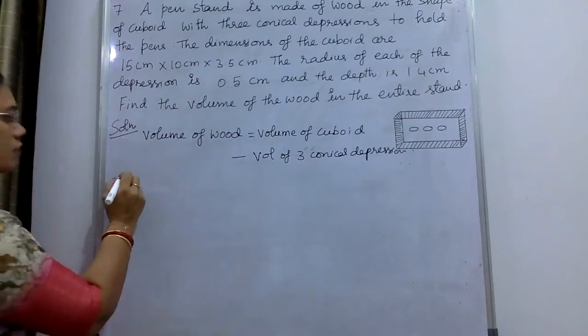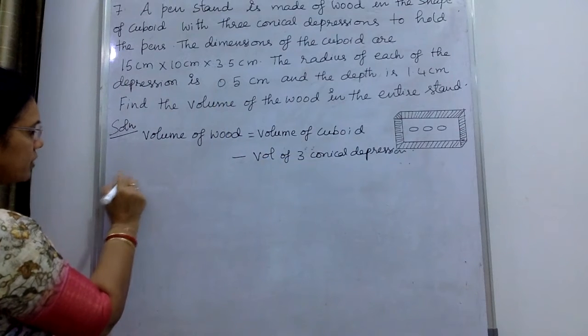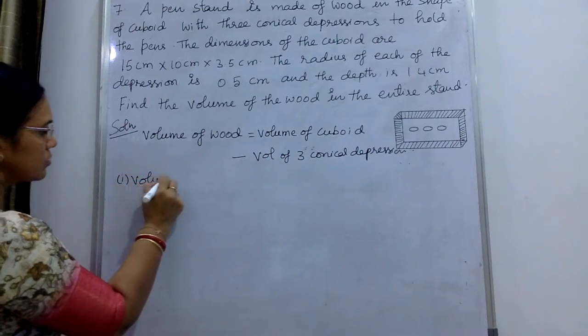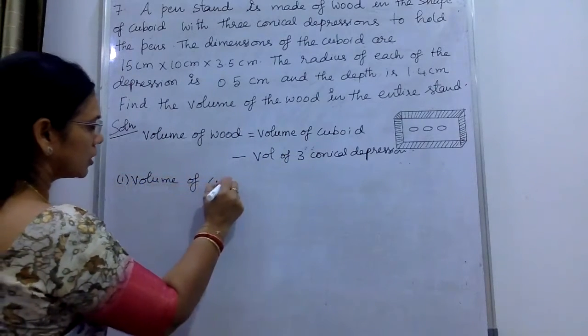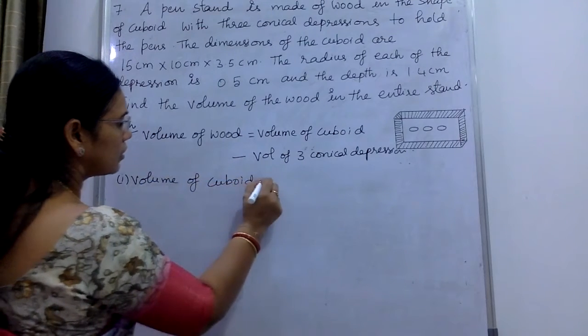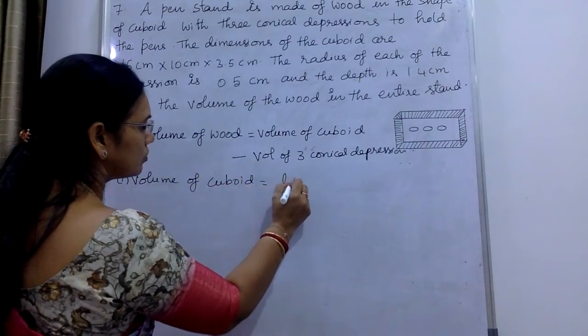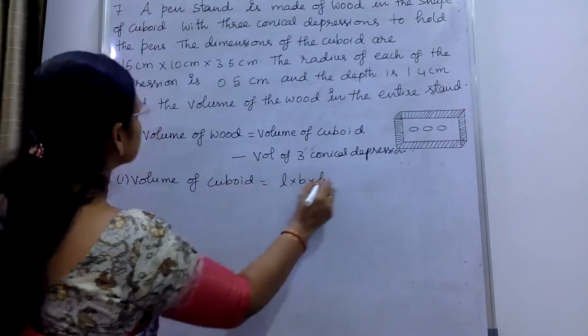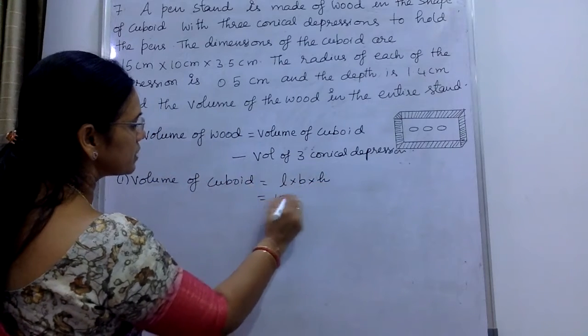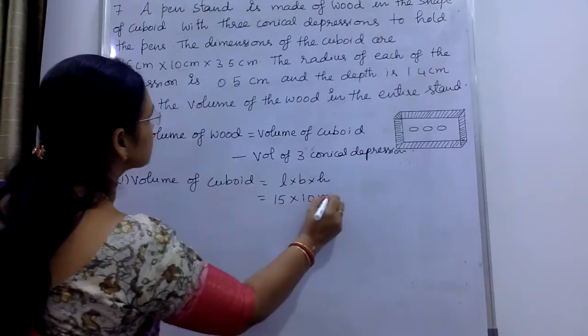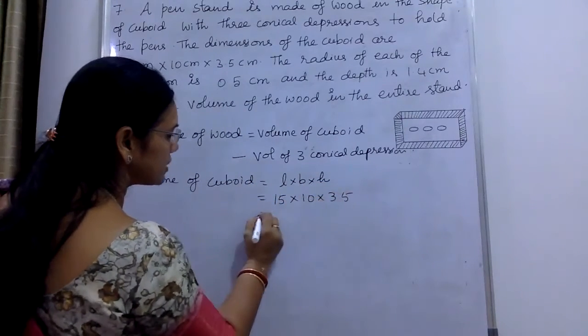So what is the formula? First of all, we need to find the volume of cuboid. L into B into H. It is given as 15 centimeters into 10 centimeters into 3.5 centimeters.